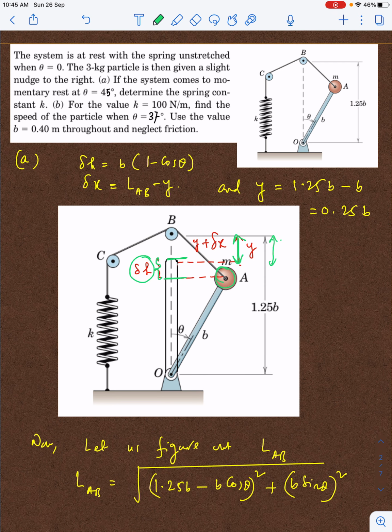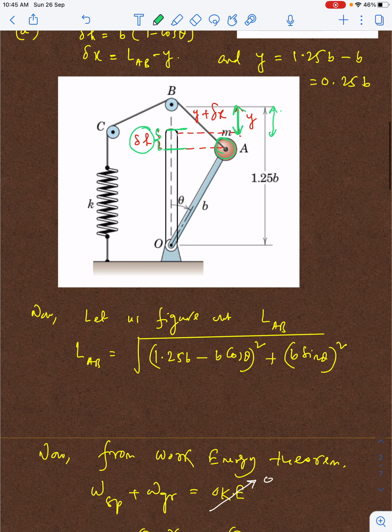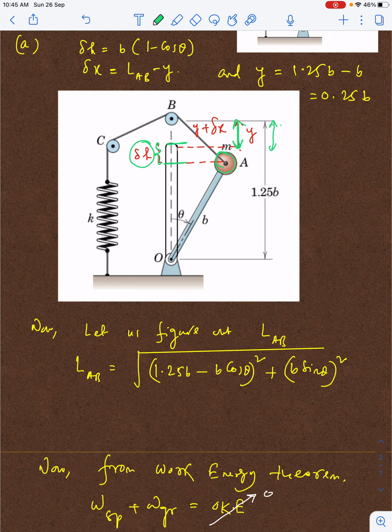Now if I come back to this calculation of the length of AB. Length of AB is what basically? You can see this right angle triangle over here. It is very easy to calculate from there, because this is the length of AB that I'm talking about, correct? And if we think about this particular segment, this is nothing but B sine theta.